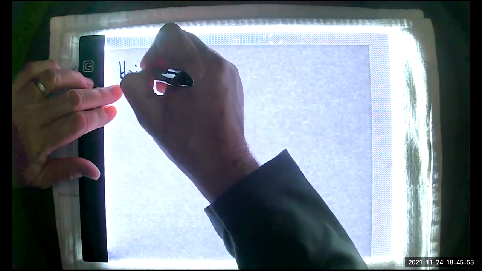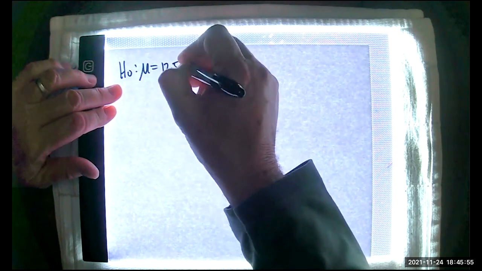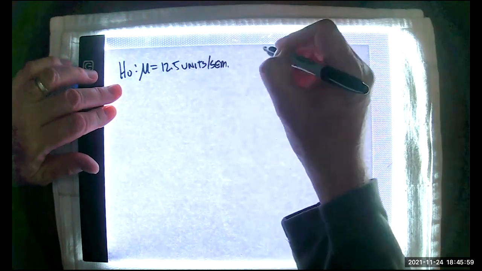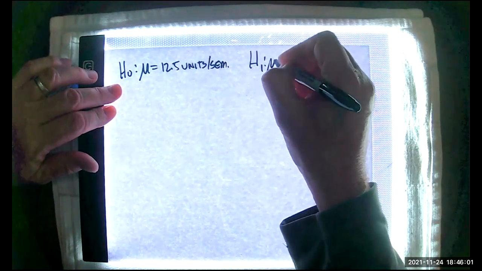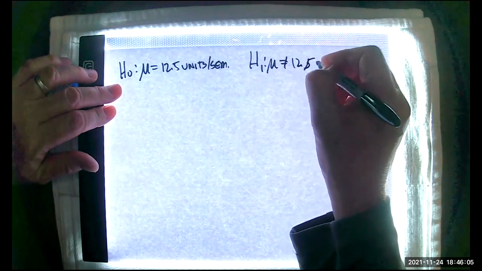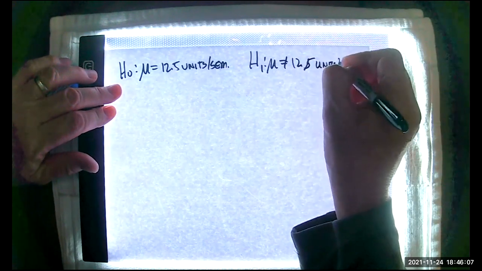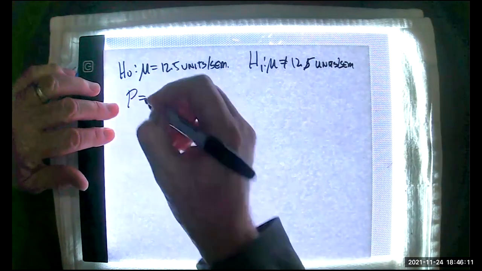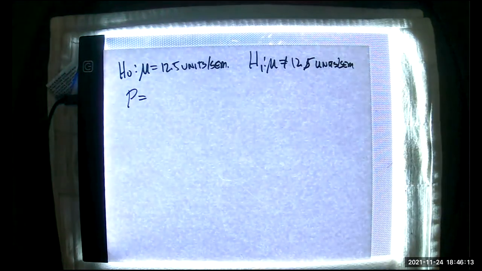So H naught: mu equals 12.5 units a semester. The alternative: mu is not equal to that. I'll go ahead and find my p-value, compare it to my alpha of 5%.